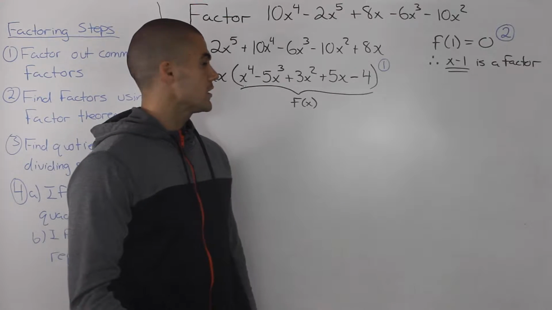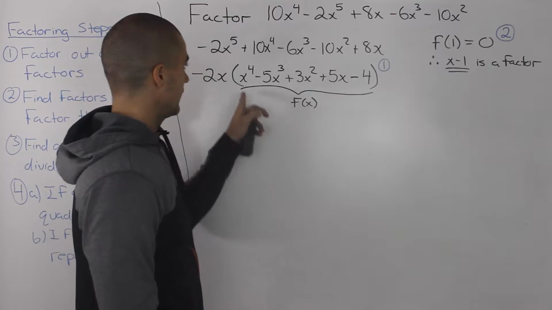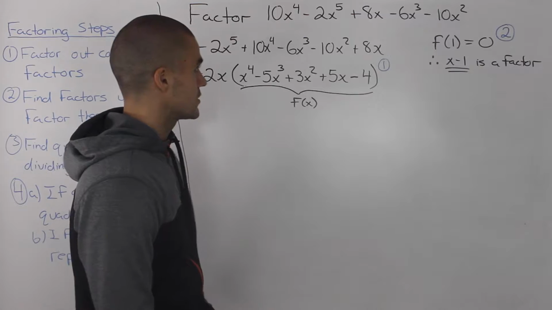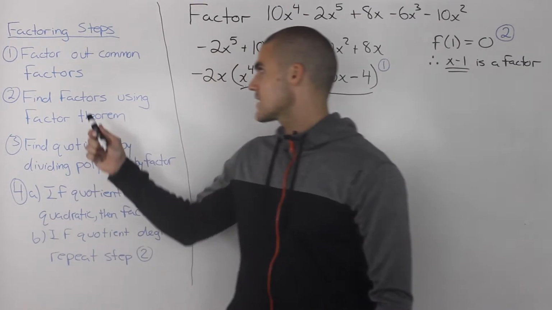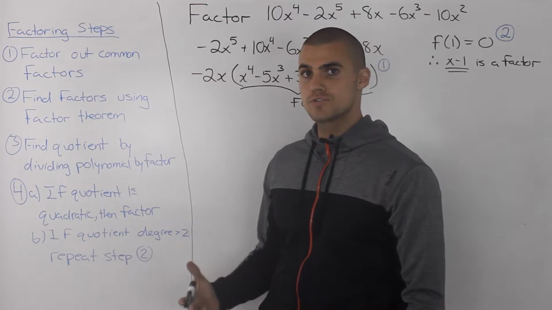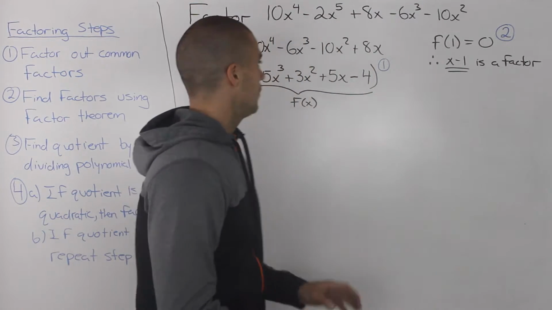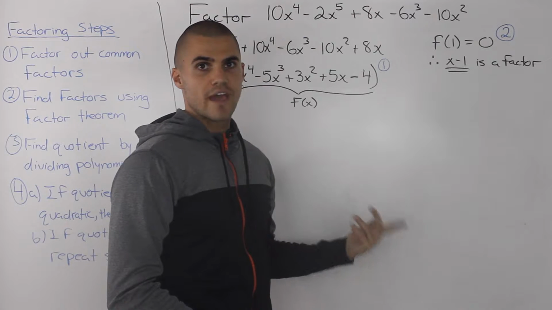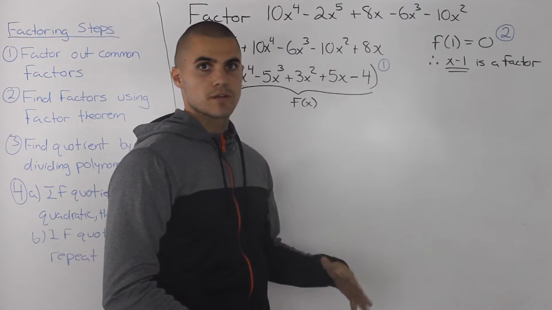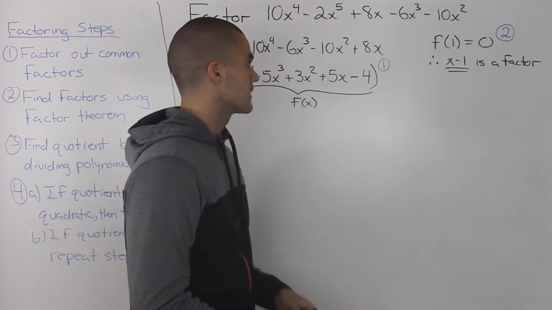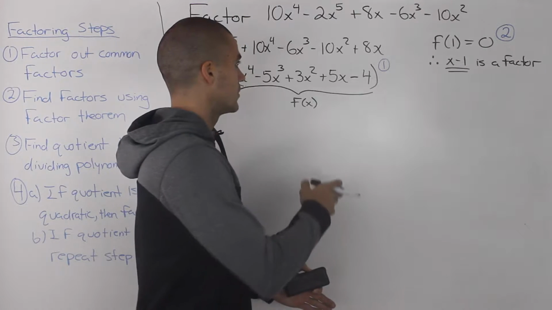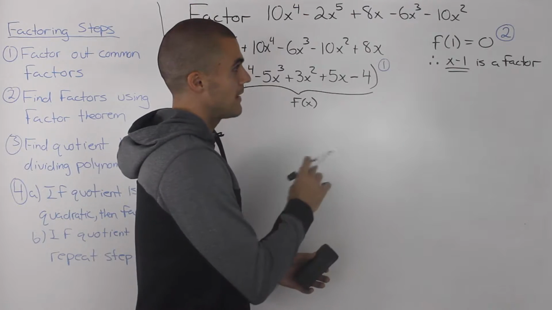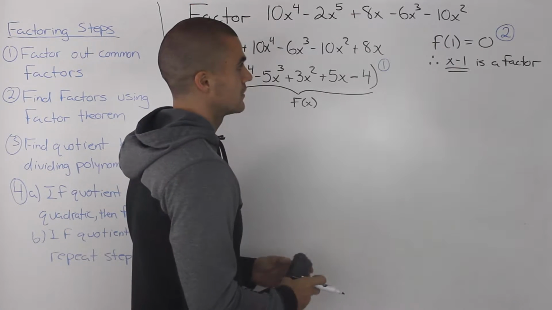Now we can move on to step 2, and I labeled this polynomial here as f of x just so we can refer to it easier. Step 2 says that we have to find factors using the factor theorem. What we would do is take this polynomial and plug in a bunch of x values: plus 1, minus 1, plus 2, minus 2, etc. We keep plugging in values until we get a value of 0, and then we know that x minus that k value would be a factor.